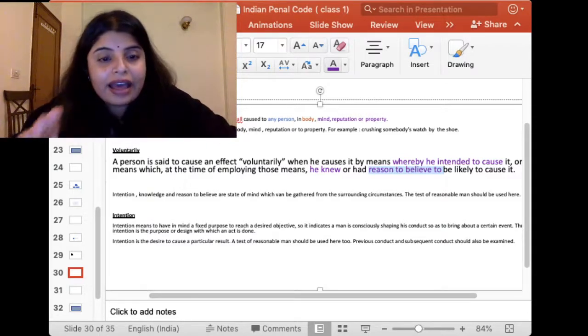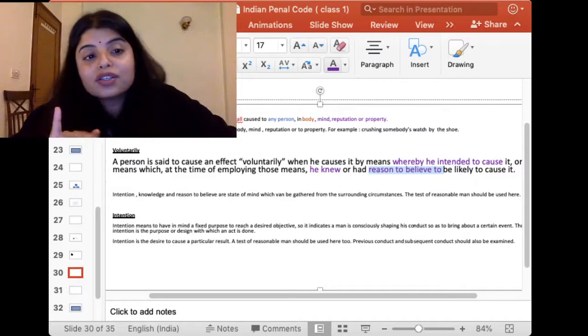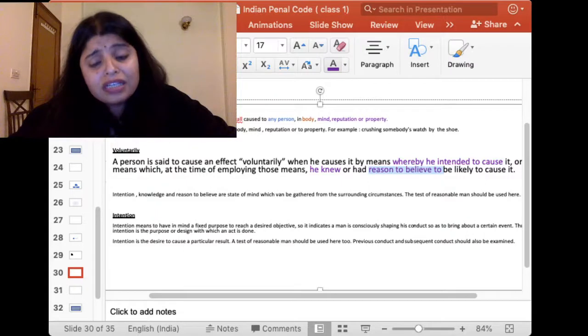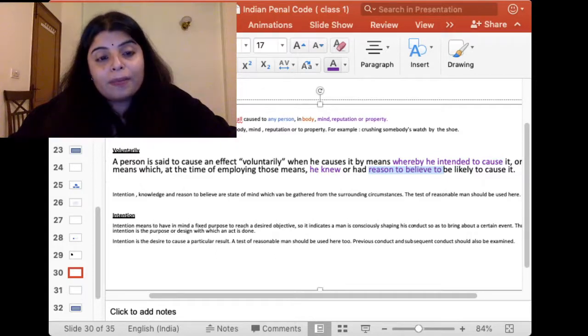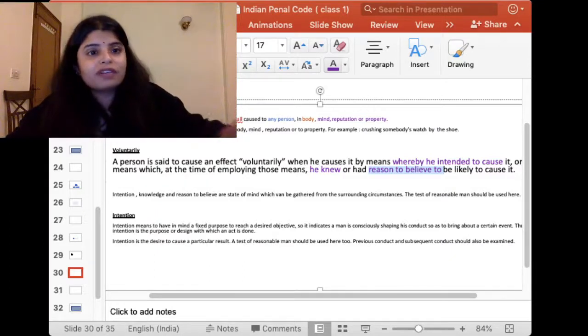A little lesser level to this is reason to believe. Reason to believe is also a lesser degree of knowledge, a lesser degree of mental status, where the court finds out if you had something to believe, that this can happen.